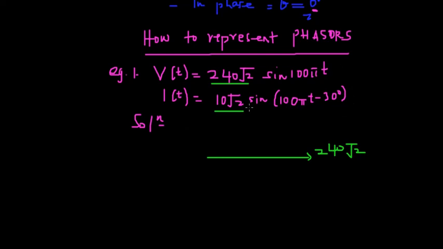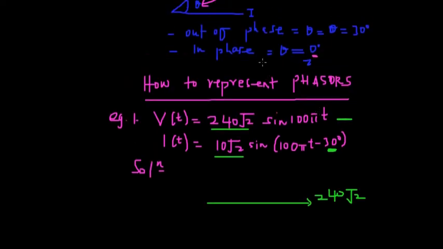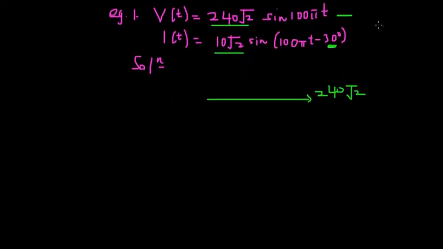But for the current, we notice that it has a specific angle of minus 30, so we represent that too. For the peak voltage of 240 root 2, it has no angle attached to it, so we could state that it's in phase. So now we've finished representing our sinusoidal voltage with our peak voltage.